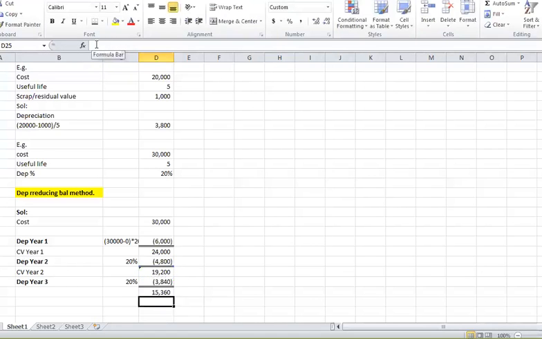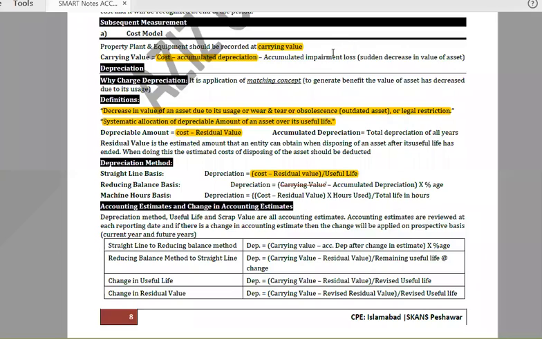All these points, you have covered in your earlier studies. So this is the method for calculating depreciation, and it is called the reducing balance method.